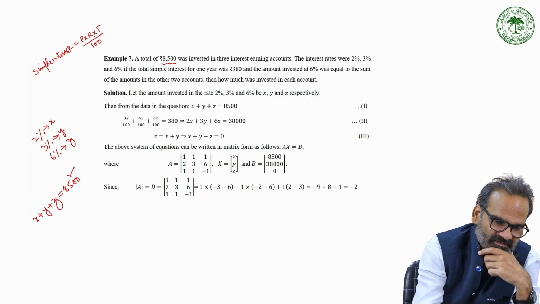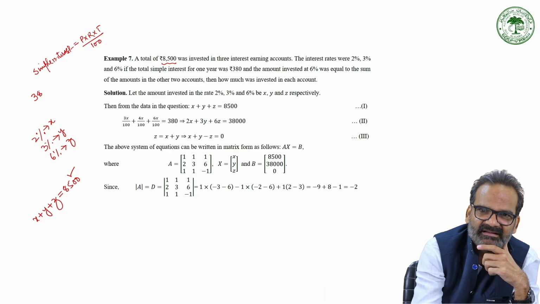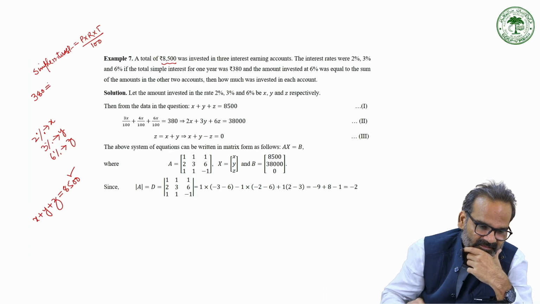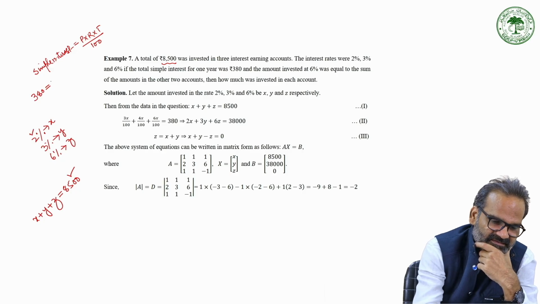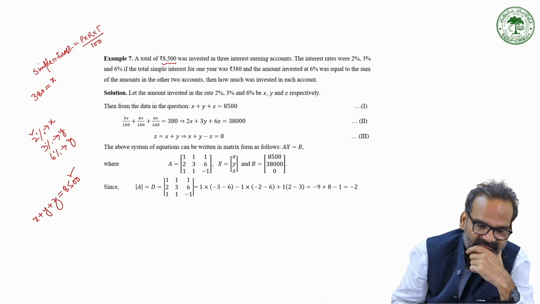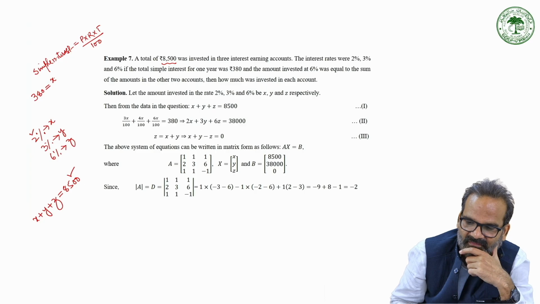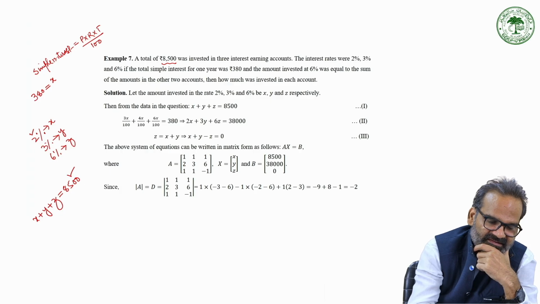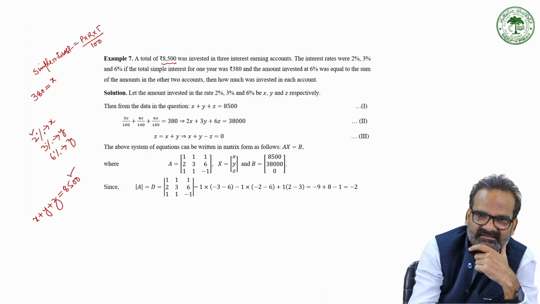Simple interest is rupees 380. P is the principal. For the first account, the principal is x. For the second account, the principal is y. For the third account, the principal is z, right?